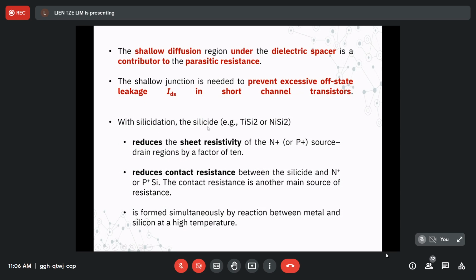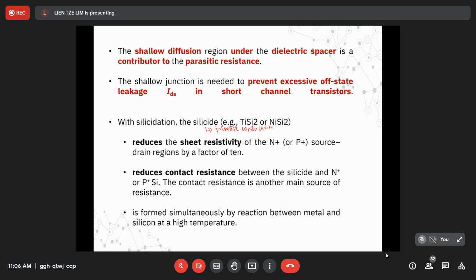A silicide can actually increase the conductivity.